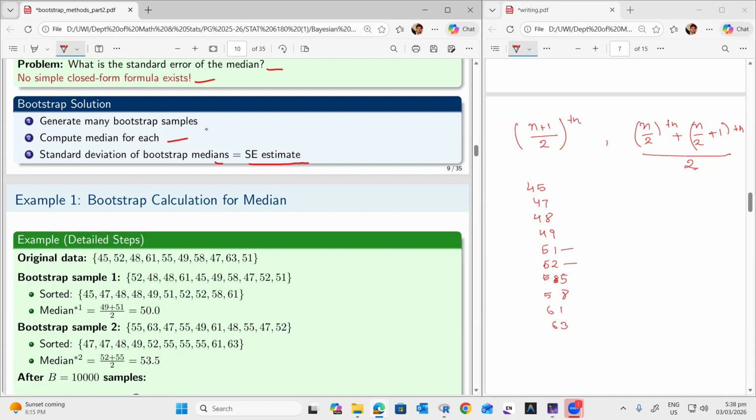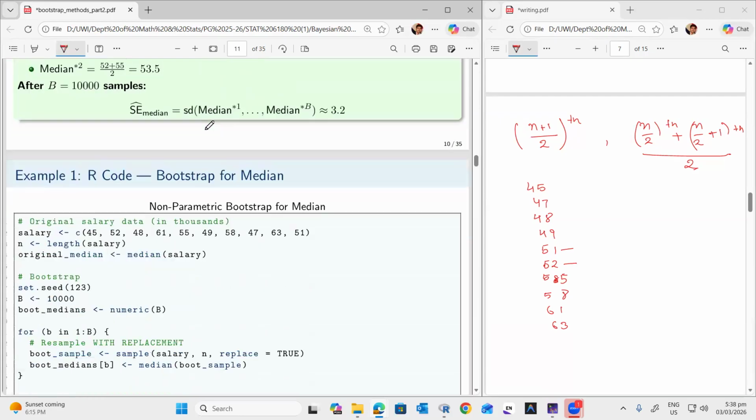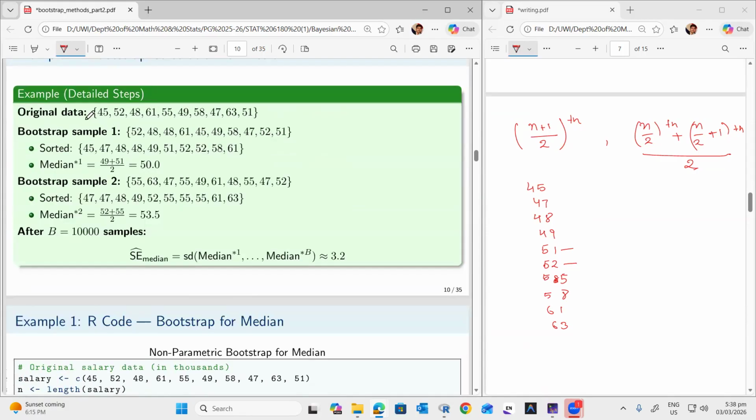Okay, so here we have the code for that one. Original data is given, then bootstrap sample. In that one we are going to generate the first bootstrap sample and sort it, and then we find out the first median, that comes to 50.